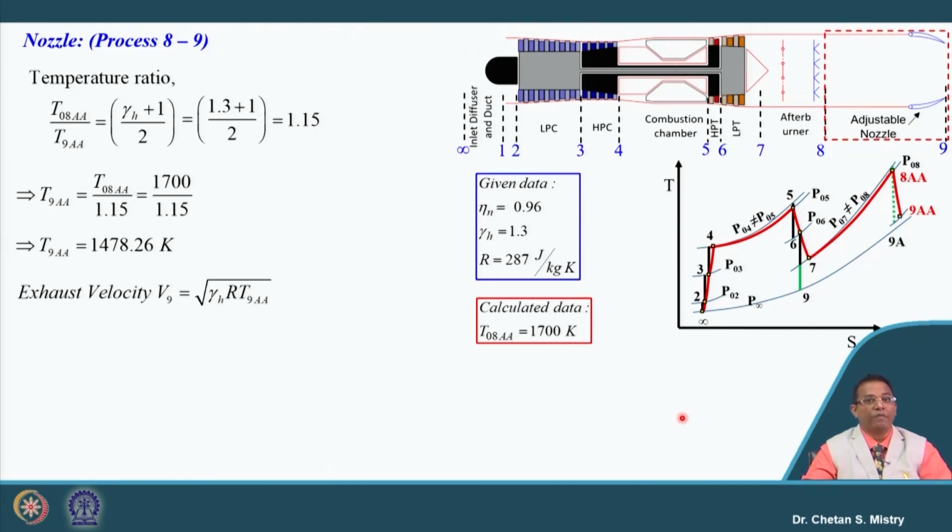Now, our exhaust velocity is given by root of gamma R T9. Here just be careful about what we are discussing regarding choked and unchoked nozzle. This is my atmospheric pressure, and this pressure is slightly on the higher side because our nozzle is a choked nozzle. If we put this number in, the exit velocity is coming as 742.66 meter per second.